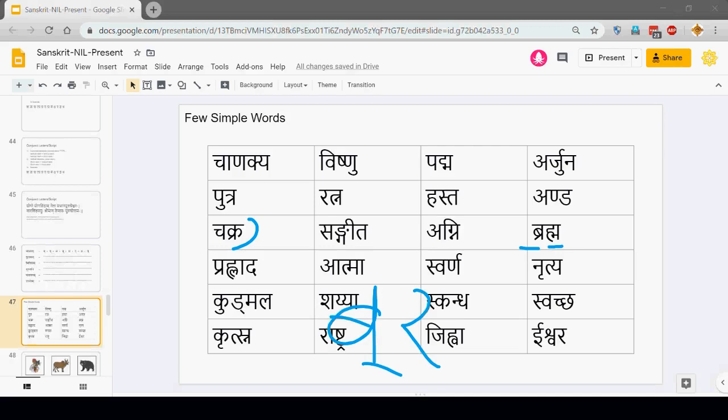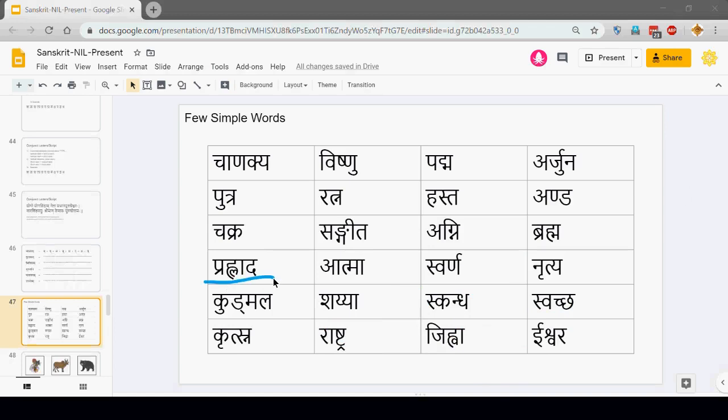Then we have ha, again going from left to right in the second conjunct. So we have ha consonant, and then there is a full ma. Yeah, Brahma. The pronunciation will be Brahma. So first ha is pronounced with just a consonant, no addition of any vowel. Brahma. Okay. Next one.